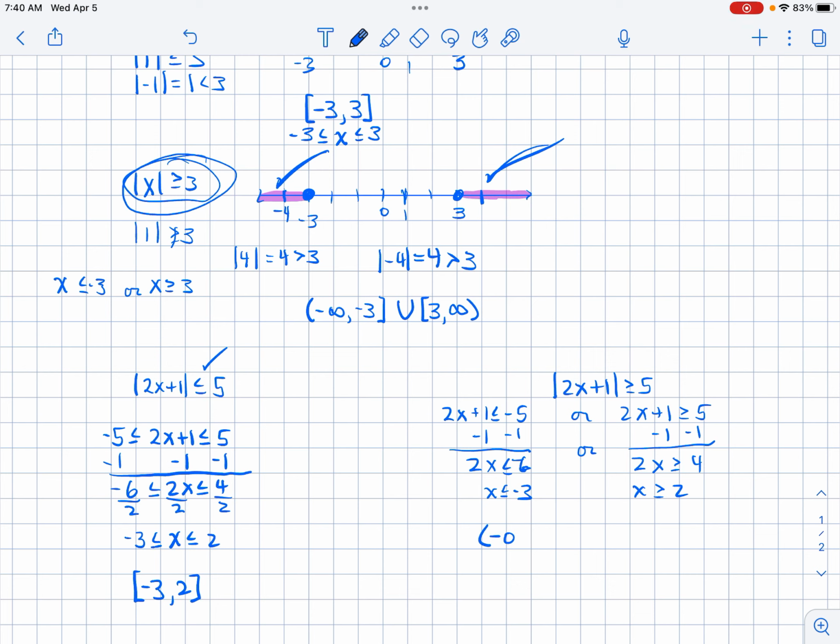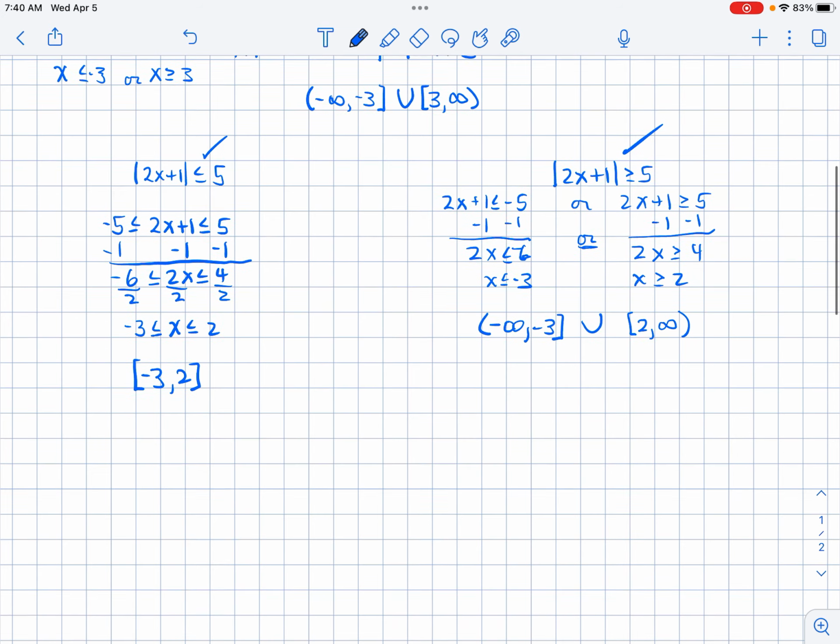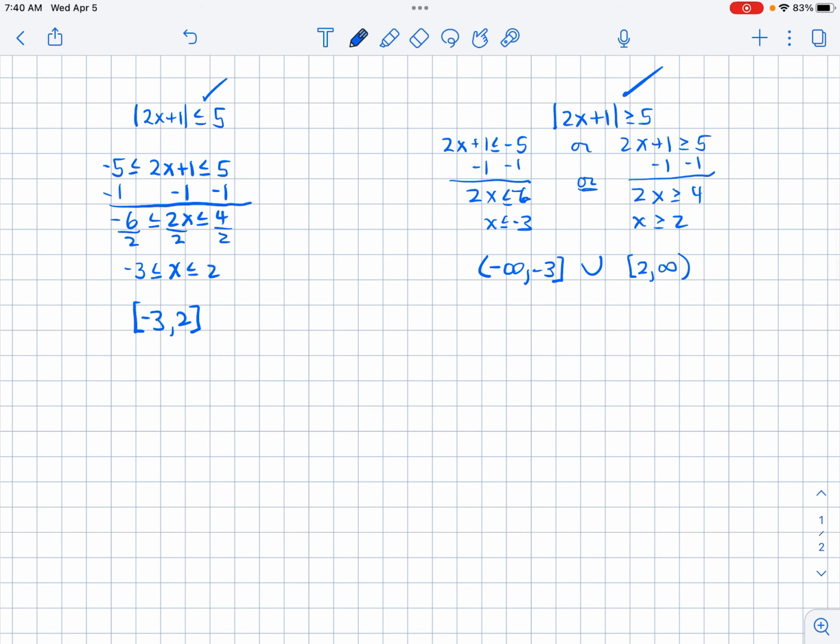I've got negative infinity to negative 3. Or, that's going to be the union, 2 to infinity. So you see the two different types of problems. Greater than or equal to, less than or equal to. Now, these are just the basic ones that we're starting with. You could have a variety of types of inequalities, but these are the two types that we're looking at right now.